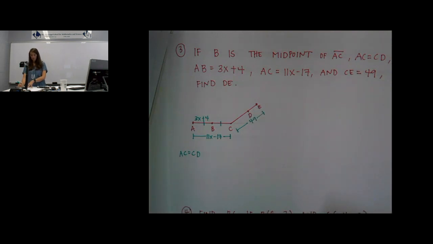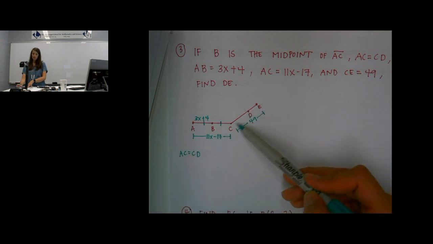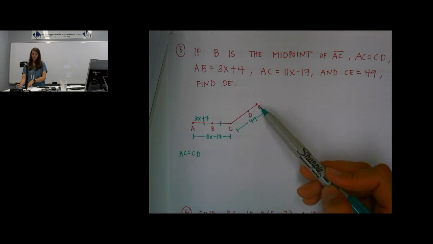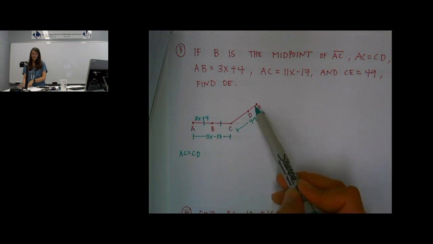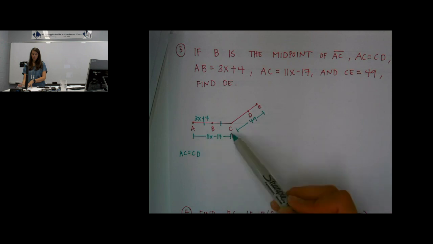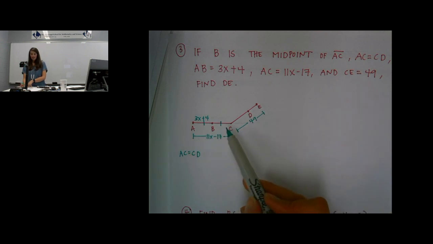Okay, so if I know that this is going to be the same as over here, okay, those two sides are going to be equal to each other. Okay, well, I can find x by saying that these two things added together.